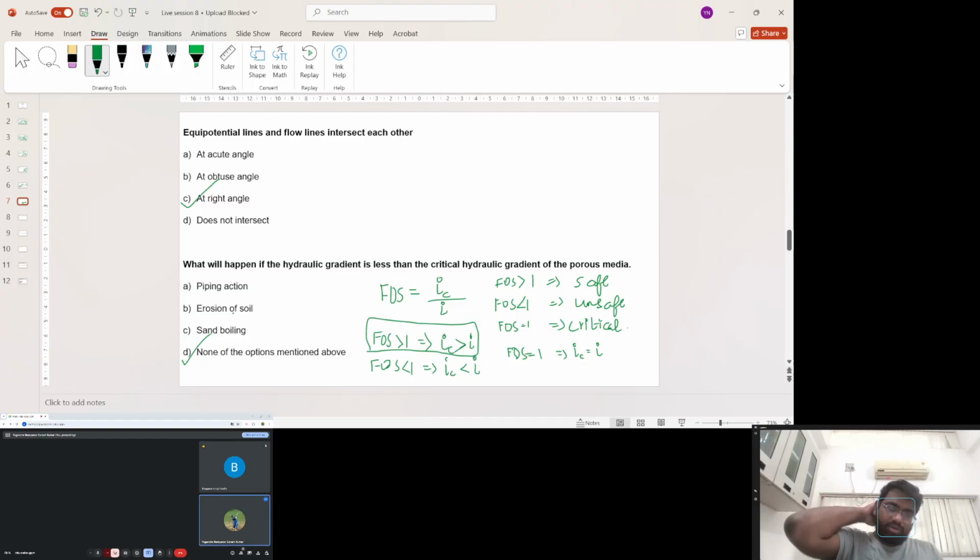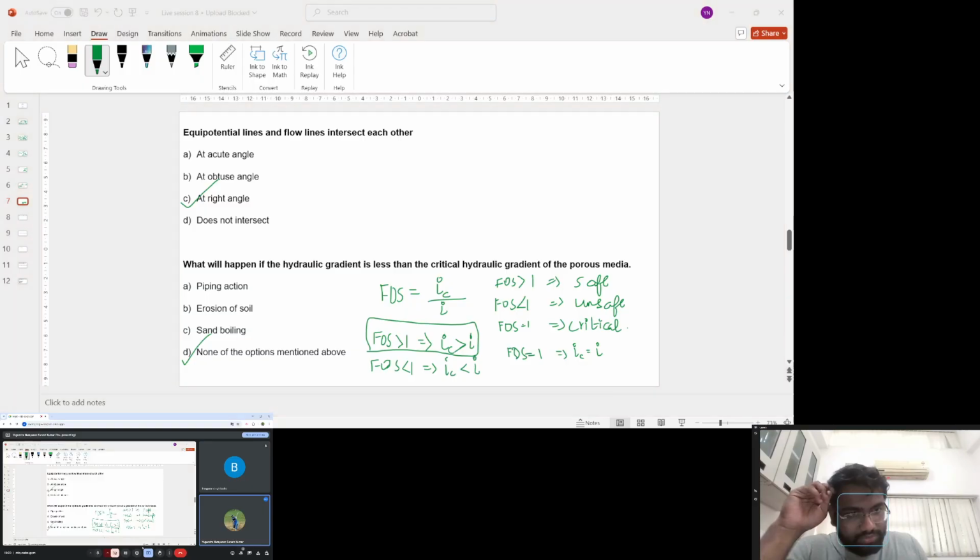And if it is equal to 1, that is the case where it will trigger the action. Any doubts? Fine. So let us move to the next question.